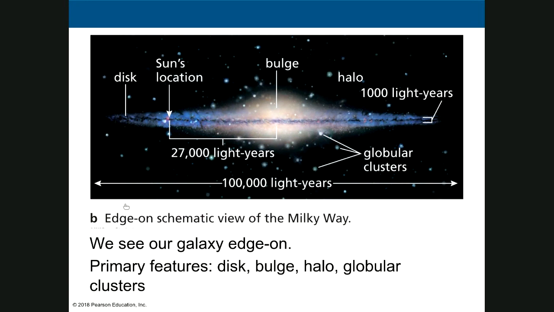So the scale is just mind-bogglingly huge. And the fact that there's structure at this distance, with that bulge, halo, and disk, is pretty spectacular as well. You'll notice the sun is right here, but I want you to keep in mind the scale of the universe.